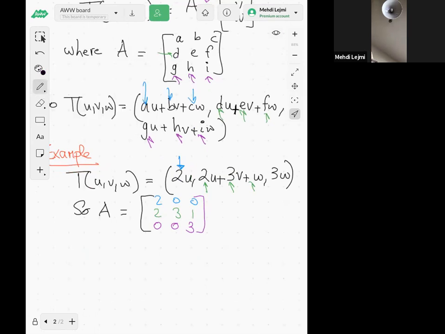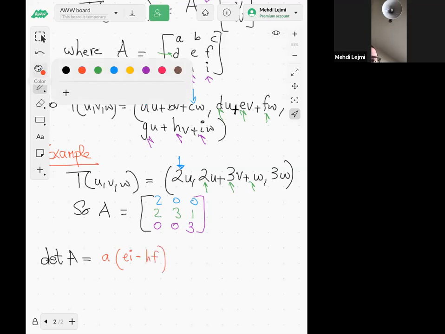The determinant of A: it should be A times (EI minus HF). So here's your A, and then you take this 2 by 2 matrix and cross multiply, so A times the determinant of this 2 by 2 matrix, okay?